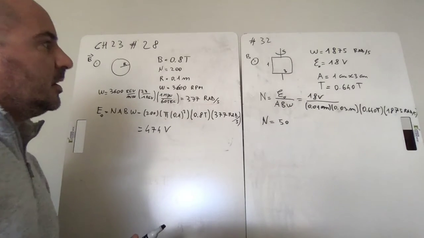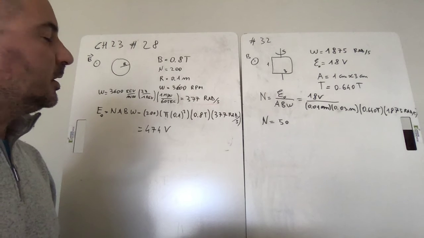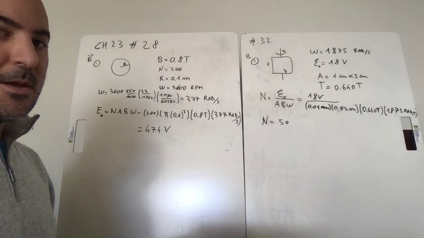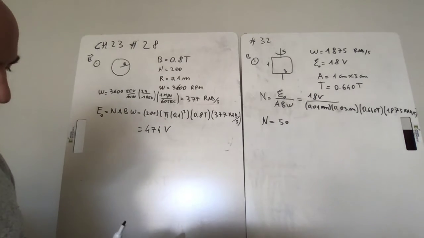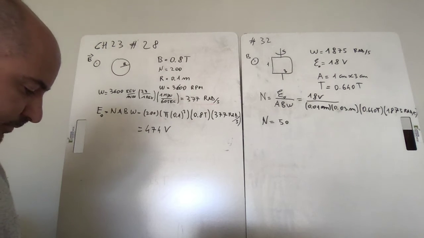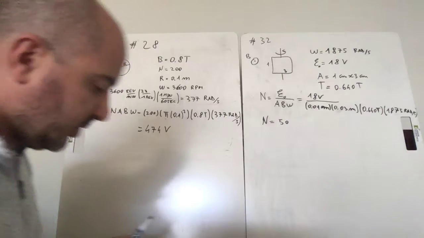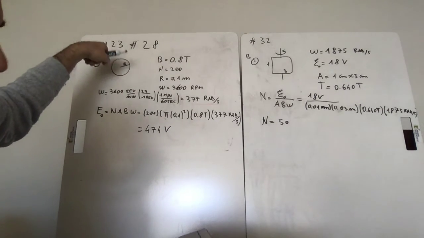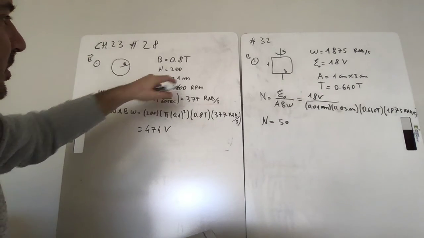This is the second video about chapter 23 and two more problems from the end of the chapter. The first one is number 28 over here, where we have a generator that contains a coil of 200 turns of a certain radius r of 0.1 meters.